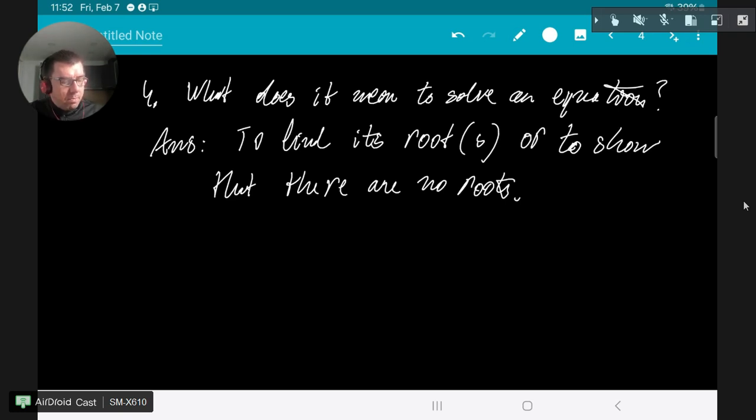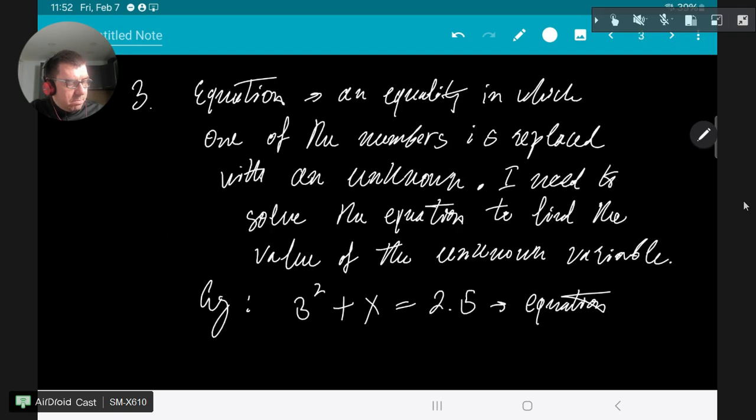Okay, now, but then I can ask this question: what is a root? Well, for example, 3 to the power of 2 plus something equals 10. What should I add to 9 to get to 10?